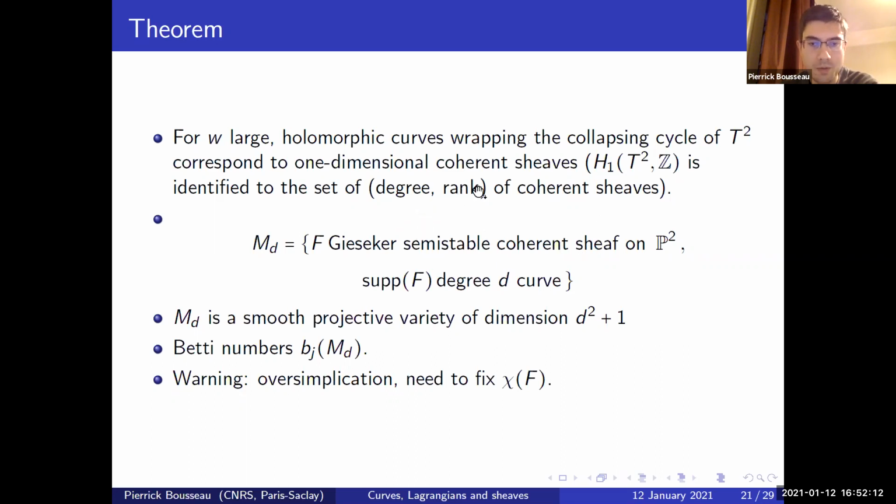Okay, maybe I should be more precise. When I say rank, I always mean from the P2 point of view. So first on KP2, I'm looking at sheaves with compact support only. And the claim is that if I look at such a sheaf, and if it's Gieseker semi-stable, and if it has a non-trivial c1 or c2, then it is the push forward of a Gieseker semi-stable sheaf on P2.